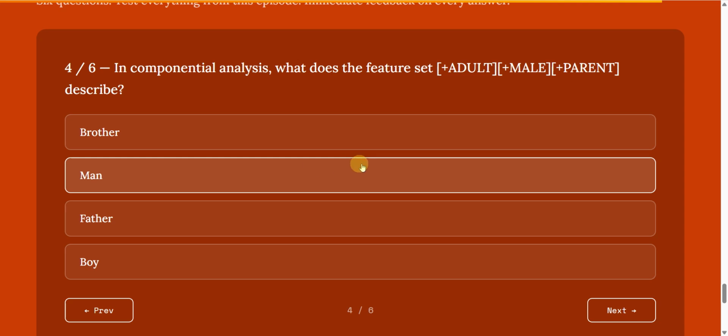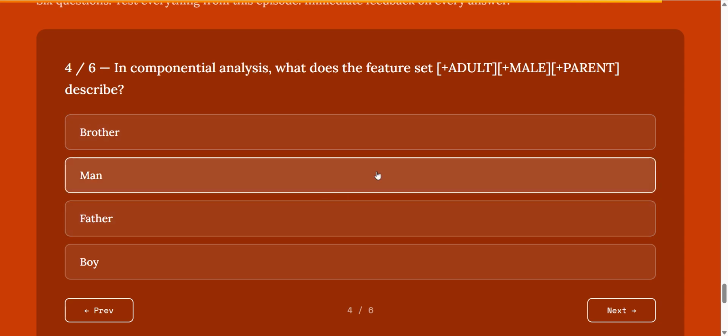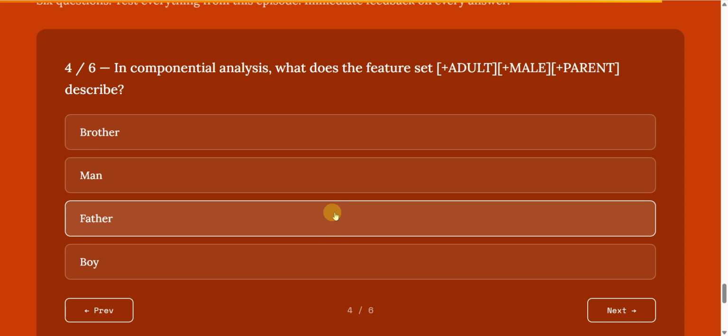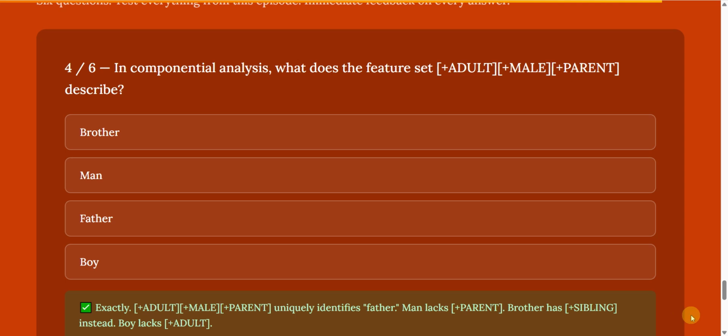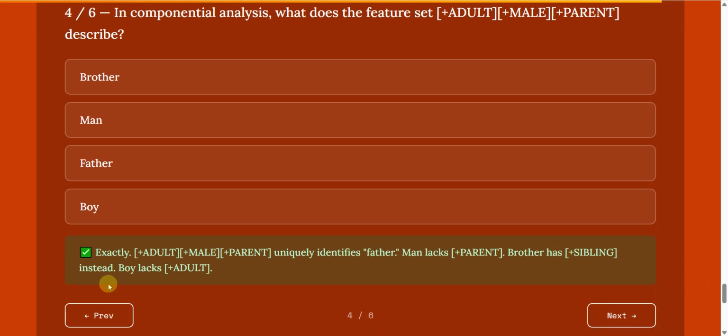Then man, it still cuts because parent is that category. So father is the correct option: adult, male, and parent. These features are unique to father. Man lacks parent, brother has sibling, boy lacks adult. So you can find the correct answer by elimination.